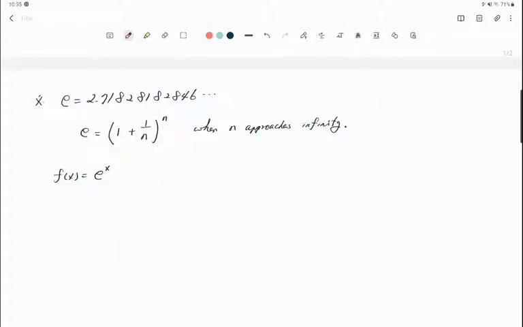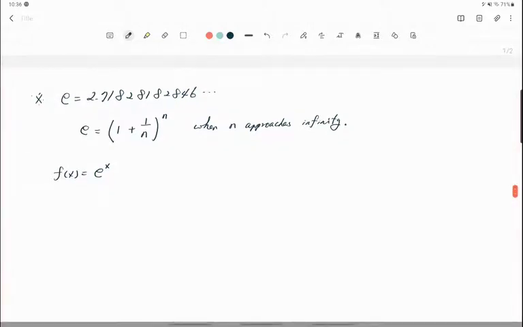All right, now there's a very interesting number, the letter e. The letter e is actually the number 2.718281828446, and so on. So this is an irrational number. It does not terminate and does not repeat. This number comes from the expression 1 plus 1 over n, raised to the nth power.